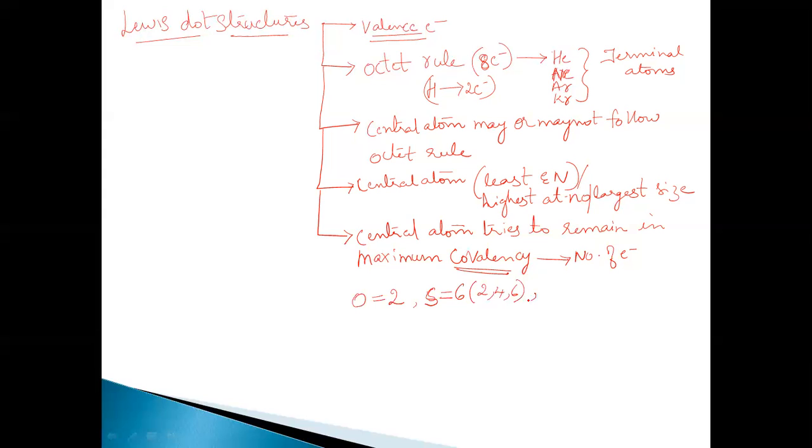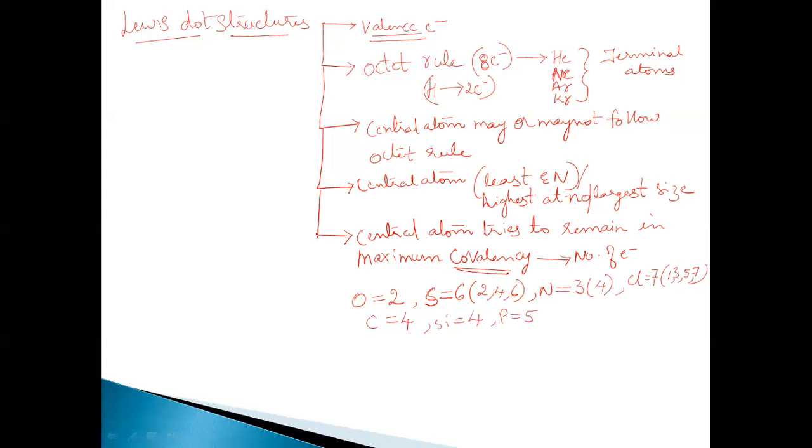For nitrogen it is 3, or sometimes it can form 4 bonds also. For chlorine the maximum is 7, but it can form 1, 3, 5, or 7. For carbon it is 4, silicon also 4, and phosphorus is 5.